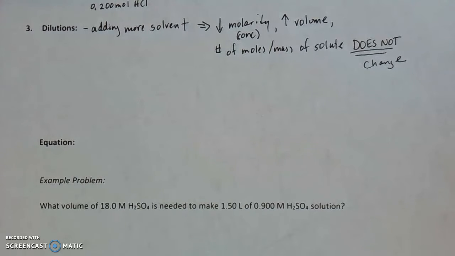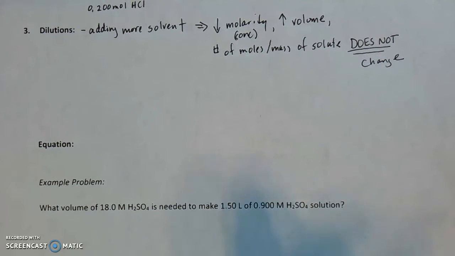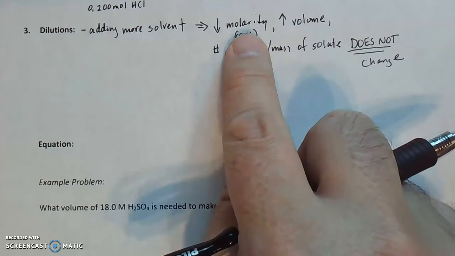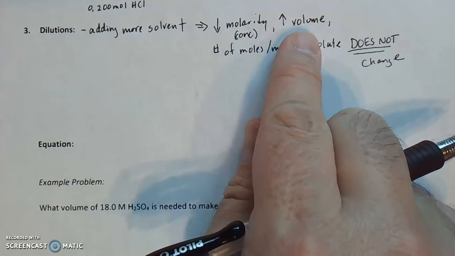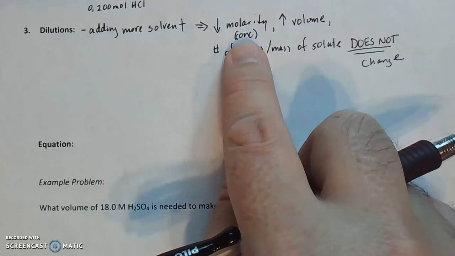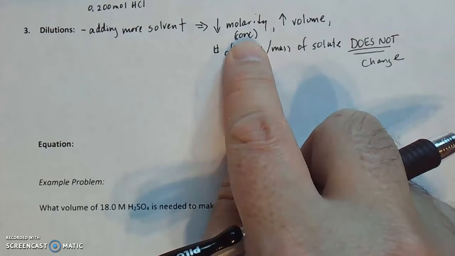We're not taking any of it away. It's still in there. So if that doesn't change, then we can calculate a new molarity. So this ends up being an inverse relationship. As the volume goes up, the molarity goes down, and it's going to be proportional.